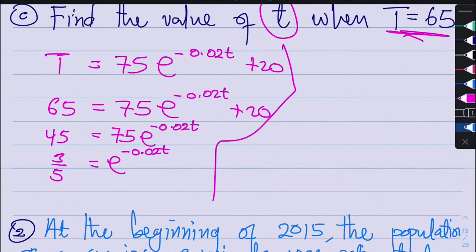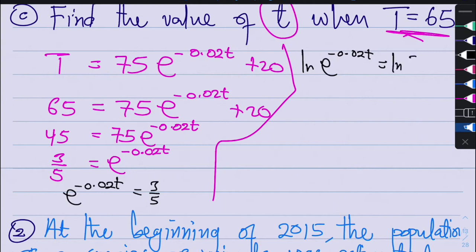In this case we can just take the natural log of both sides to find t. Why don't I even flip it and write it this way? I like to put the variable on my left. It makes more sense to me. It doesn't mean that when you do otherwise you are wrong, no. So I'll take the ln of both sides, and we will get negative 0.02 t is equal to ln 3/5.